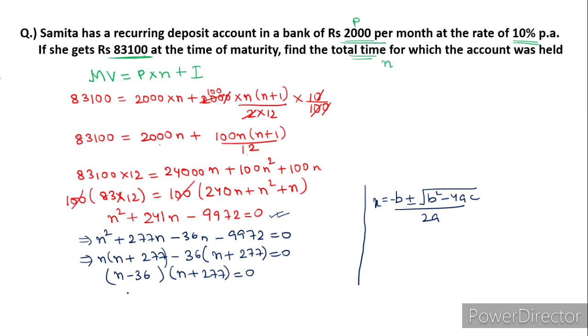Here you have two values of n. N is equal to 36 and n is equal to minus 277. This negative number is ignored. So we will take only the positive one. N is equal to 36 and we know that n is in months, 36 months. Therefore time is equal to 36 by 12, that is 3 years. This is the final answer.